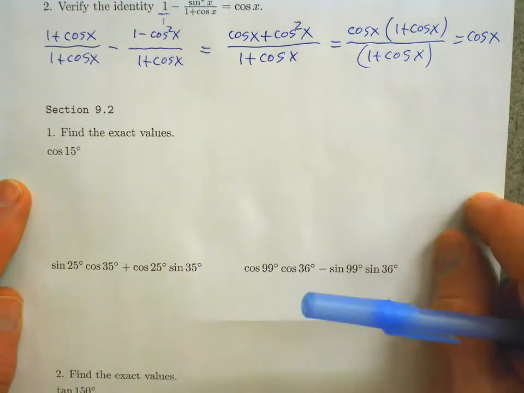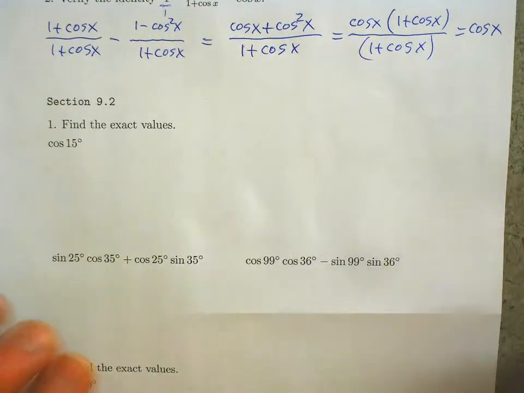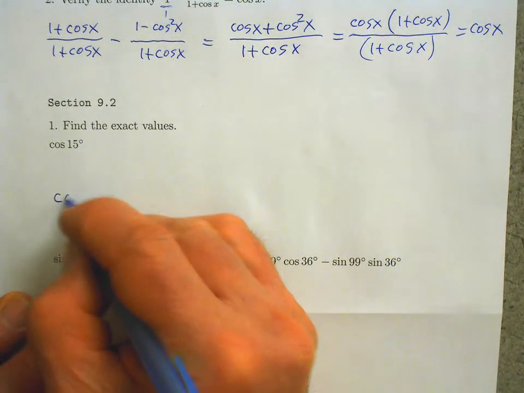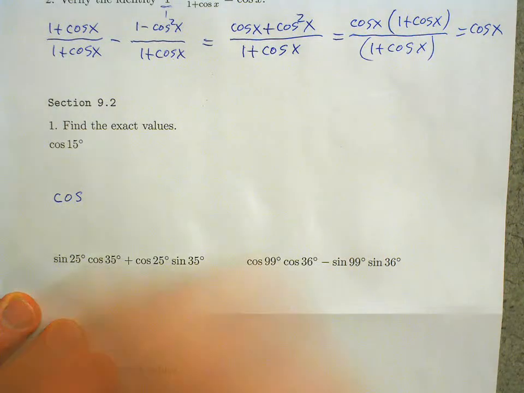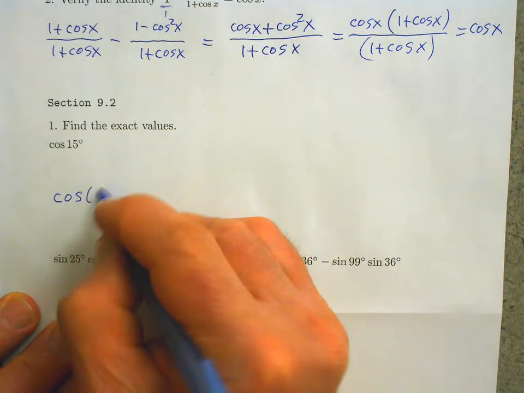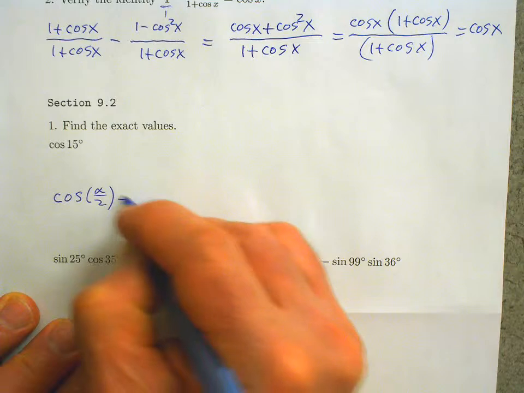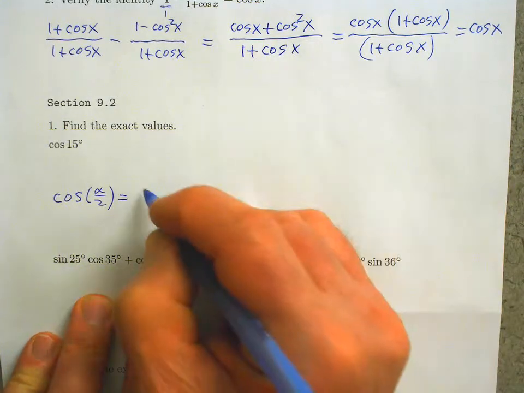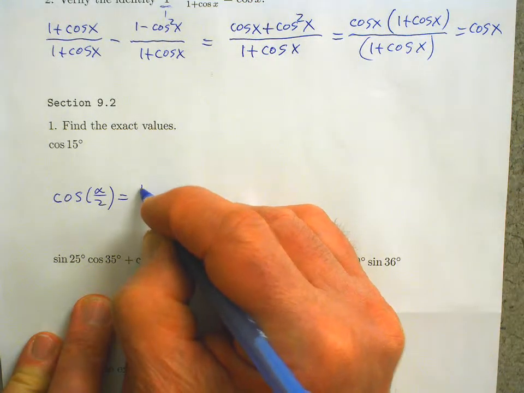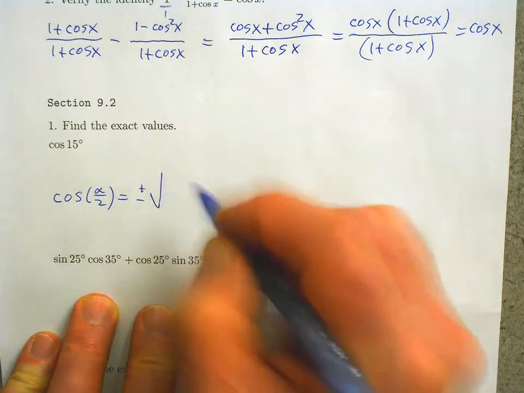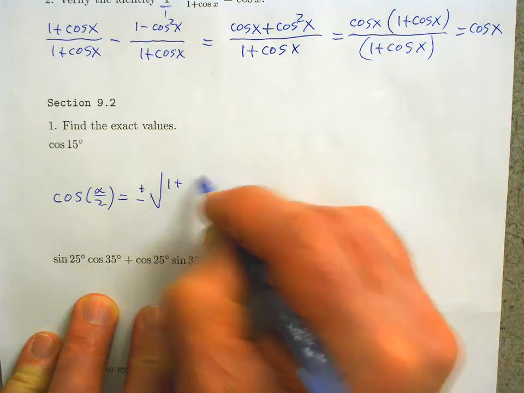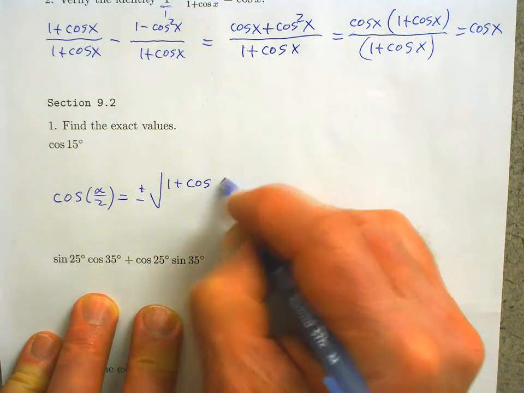Okay, on the next one, find the exact values. Cosine of 15 degrees. Remember the half-angle formulas. Cosine of alpha over 2. The half-angle formula is plus or minus the square root of 1 plus cosine of alpha over 2.